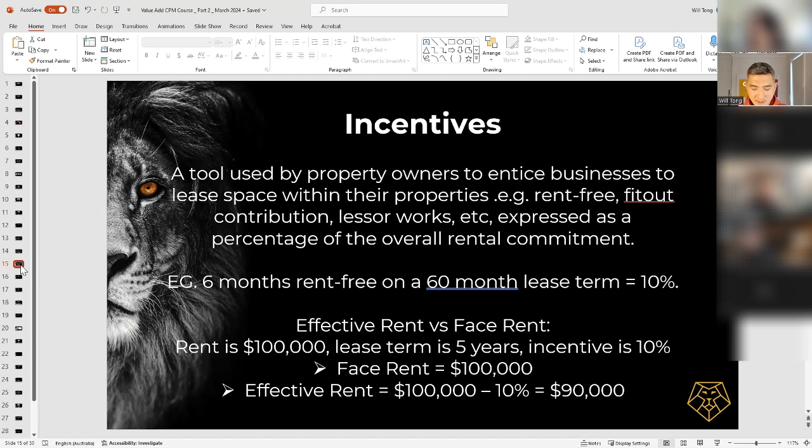So the question is, is there a difference between what an owner occupier will pay and what an investor will pay? Yeah. Because in certain locations we've been looking at, essentially the site would be worth a lot more if it was purchased by an owner occupier versus if it is tenanted.